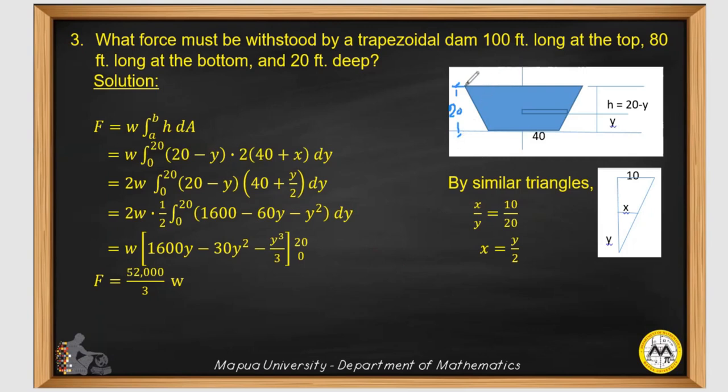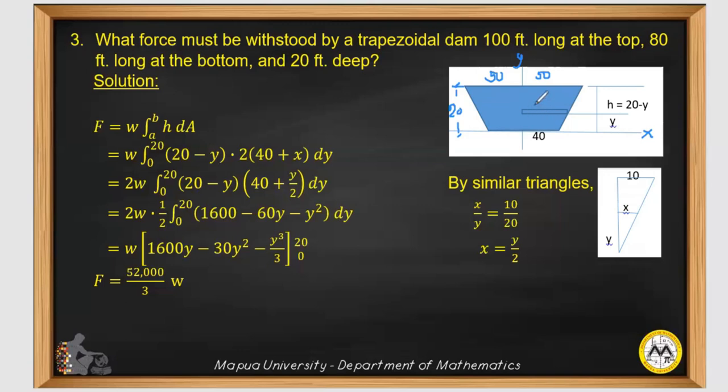The length of the trapezoidal dam is 100 feet at the top. So if this is 100 feet long, then this must be 50 and this must be 50, considering the y-axis at the middle. So this is the y-axis and this is the x-axis. The y-axis divides the trapezoidal dam into 2 equal parts.